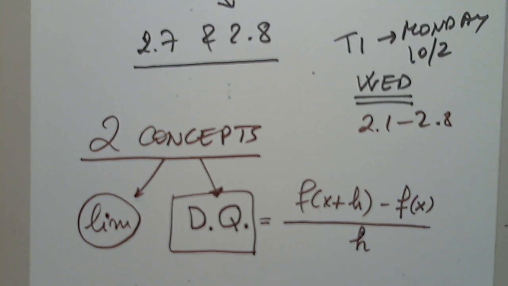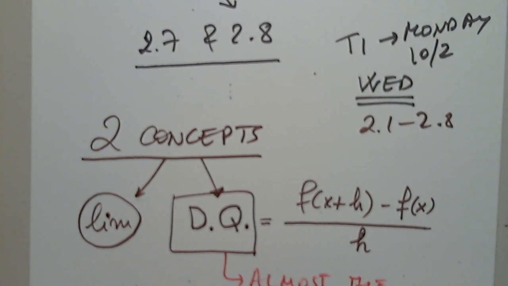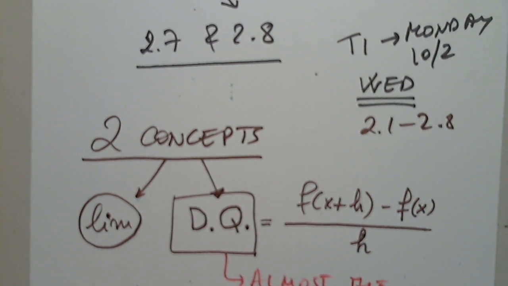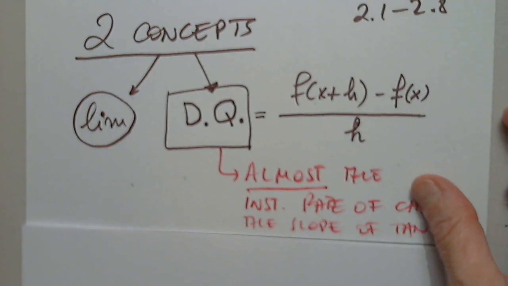A while back I said that this is almost the instantaneous rate of change, or almost the slope of the tangent at that point. But now I'm not going to say almost anymore. I'm going to say it is exact.